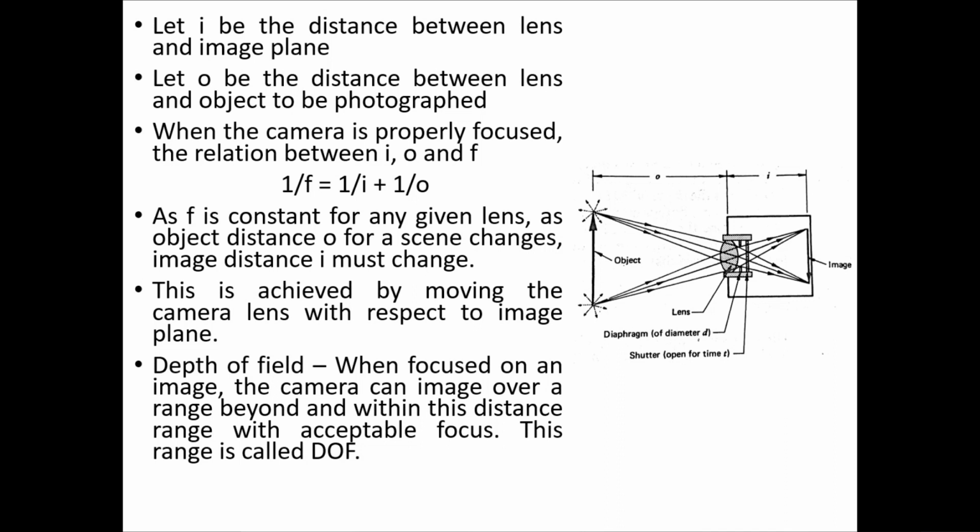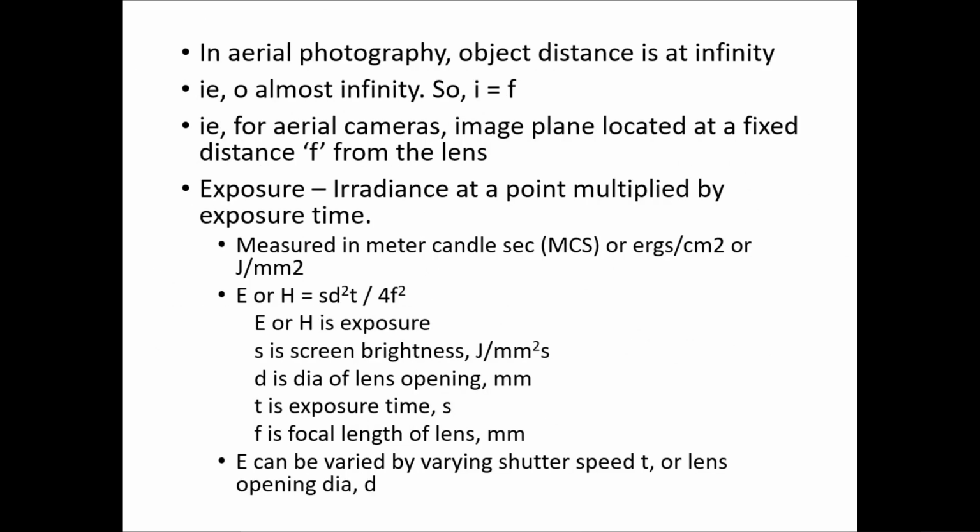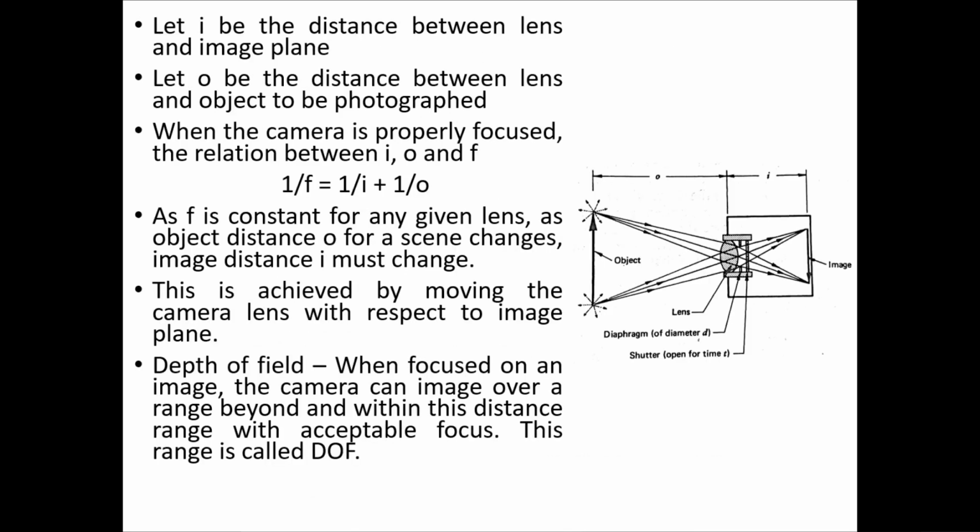The object is at an infinite distance. In aerial photography, the object distance is considered to be at infinity. So in the equation 1/f = 1/I + 1/O, 1/O will be roughly equal to 0. So what will be the relationship between focal length and I? I will be equal to f, right?